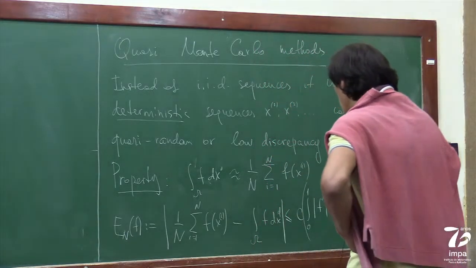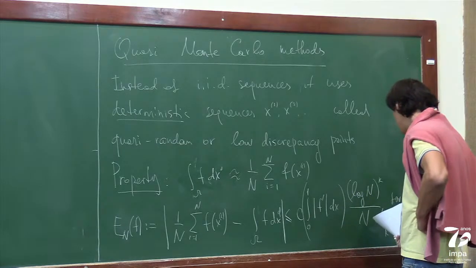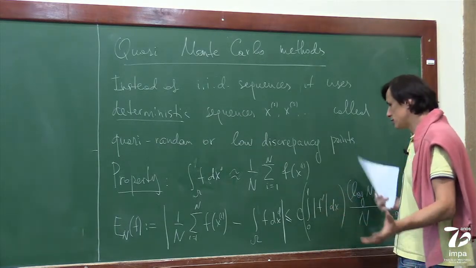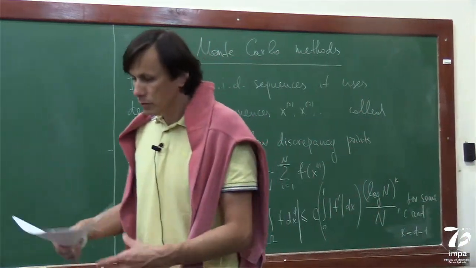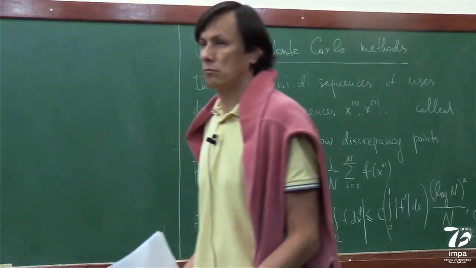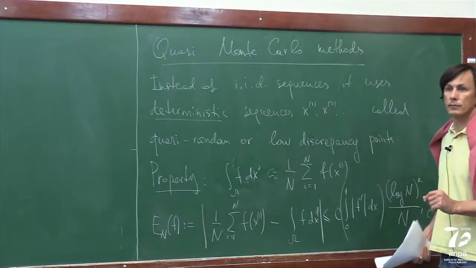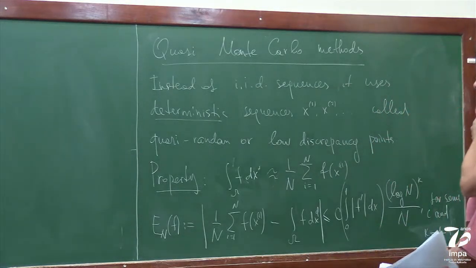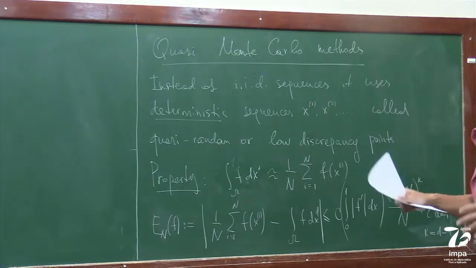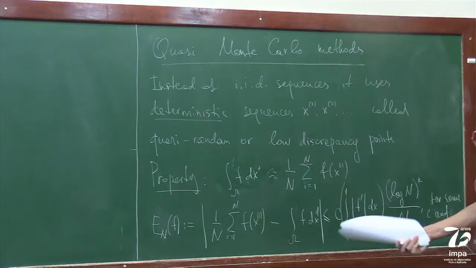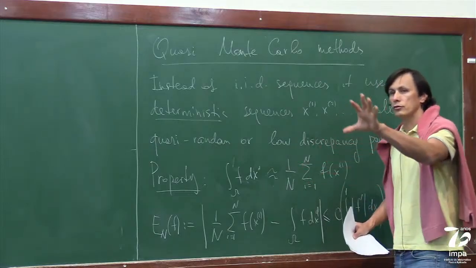Yeah. You have to prove it. It's rather non-trivial. So you see, it's a sequence in large dimensions which is sufficiently uniform, so that the integral converges faster than with just random points. Essentially, it takes care that the points do not come too close to each other, so that you don't lose accuracy as with random numbers.